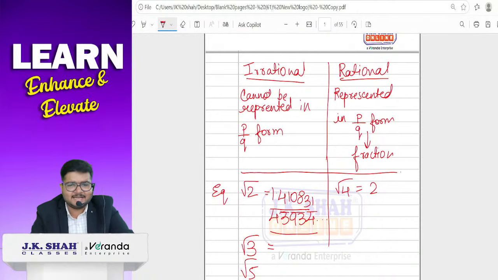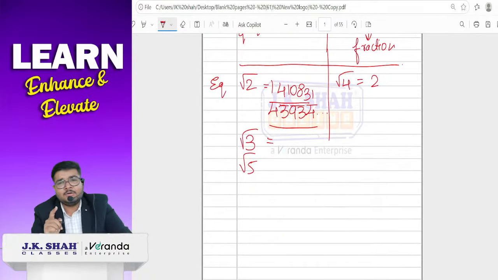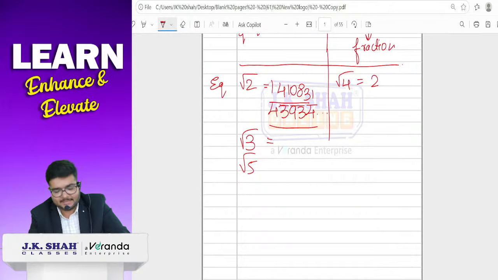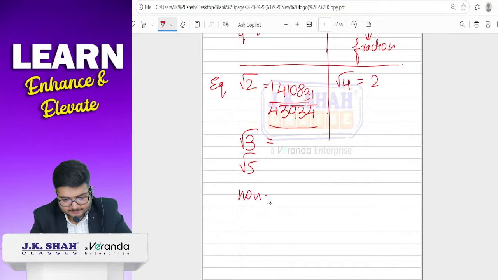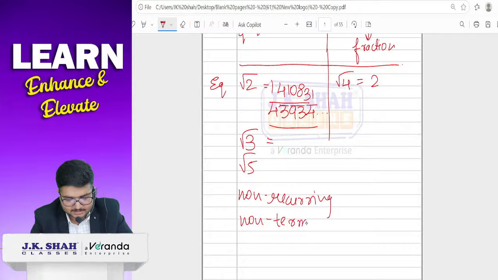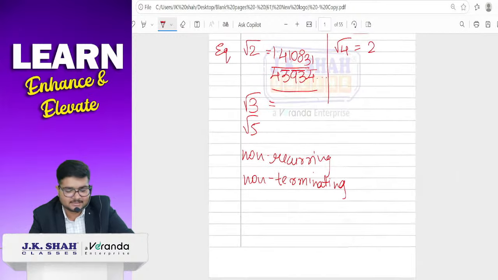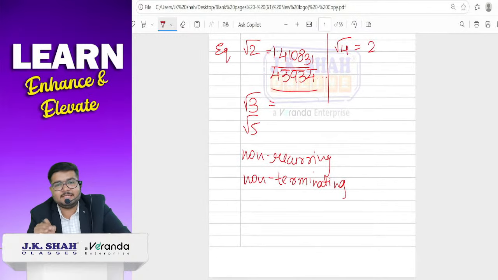It is a never ending answer, and those numbers, please pay attention, whose digits after the decimal are never ending, non-terminating and non-repeating. It is called non-recurring and non-terminating. Those numbers whose answer is non-terminating and non-recurring are called irrational numbers.